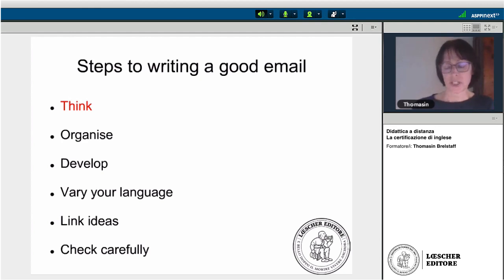This is an essential step before you start on a task. But what exactly do I mean by it and why is it important? Well, to start with, you need to read the task carefully and think about what is required. Sometimes students are in a hurry to start writing.